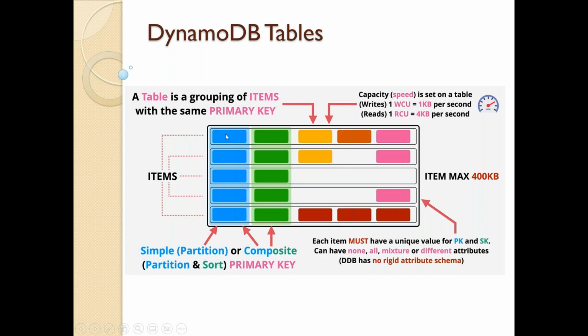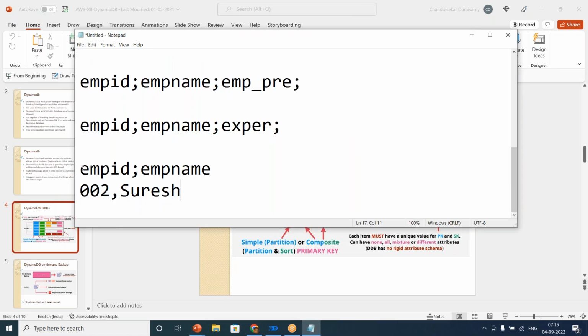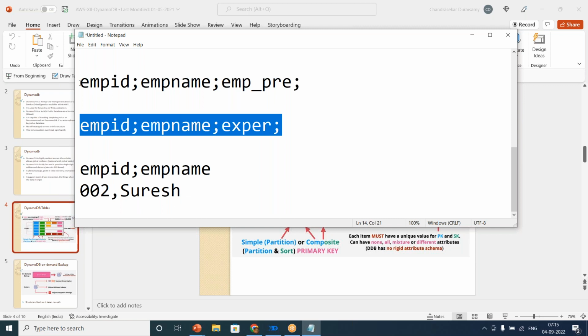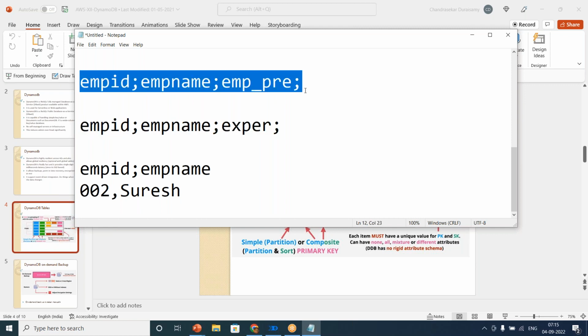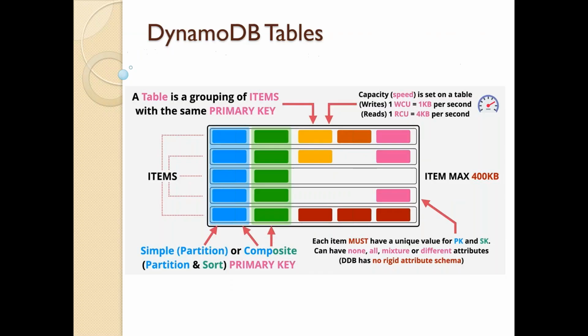For the first item I can have two columns, for the second item three columns, for another item ten columns, totally different. But make sure that the primary key or partition key has a unique value. The sort key is optional.